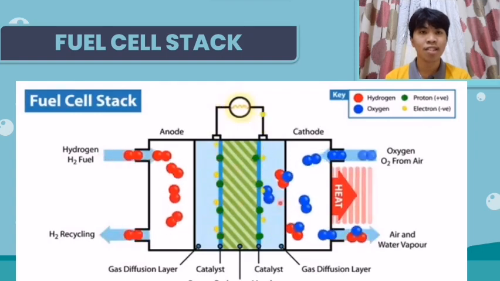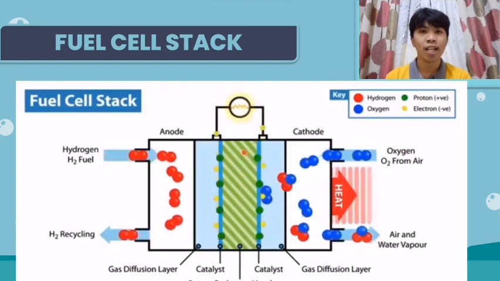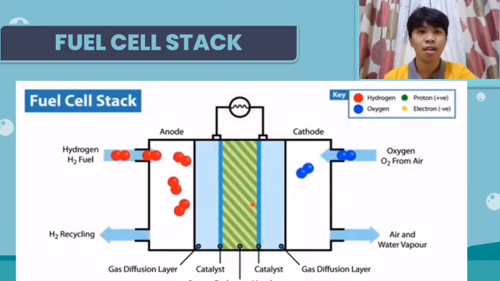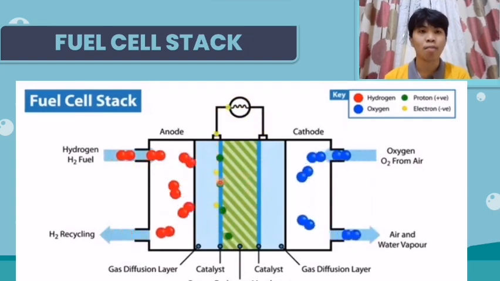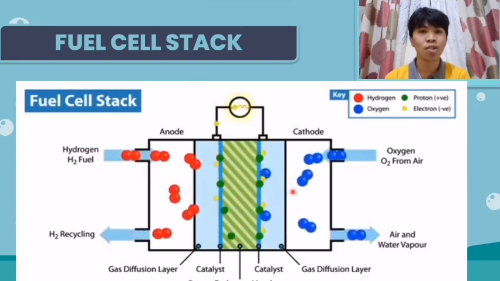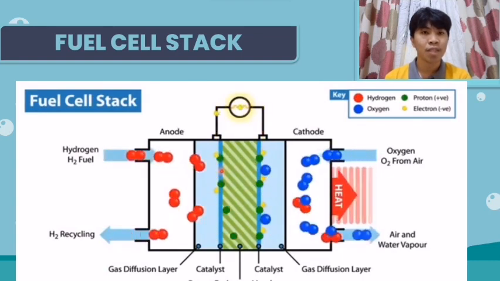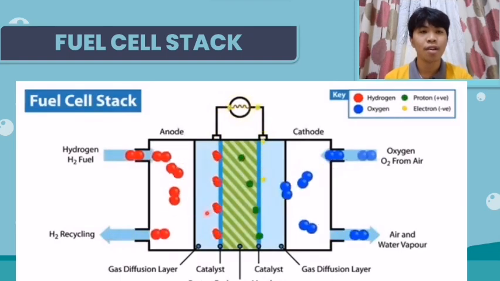But the proton exchange membrane only allows protons to pass through while blocking the electrons. Then the electrons that are blocked by the membrane are forced to take another path, which is the connecting wire that we see at the top that connects the anode and the cathode, where there consists a certain load.